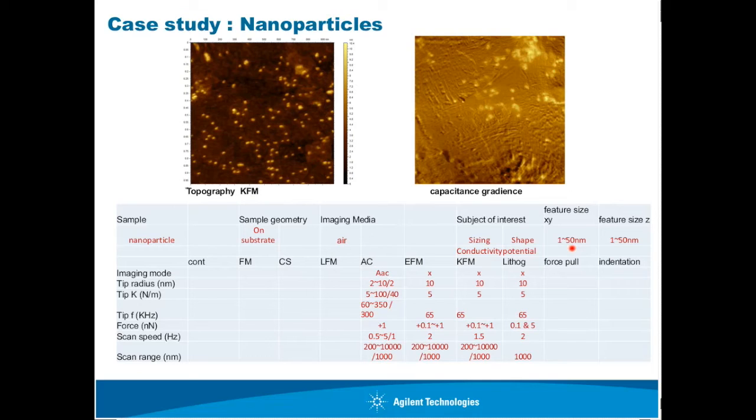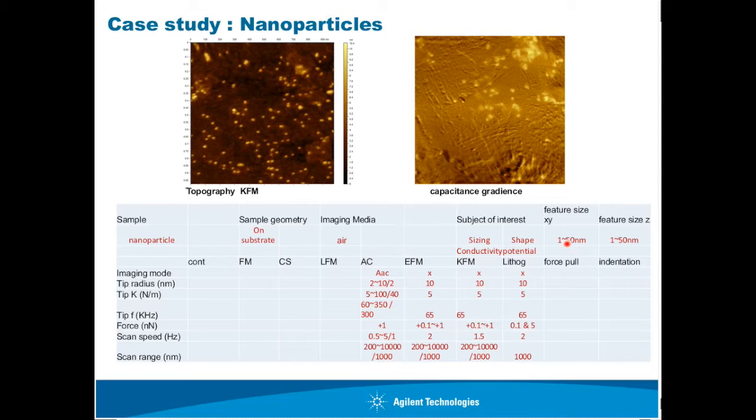And they say, oh yeah, maybe 0.5 micron or 100, 200, 300 nanometers. I'm not going to call these nanoparticles. I'm going to call them micron and submicron particles, because the technique and tip choice between a nanoparticle and a submicron particle are slightly different, and the tip requirement is also slightly different.